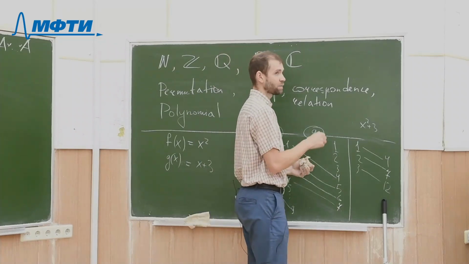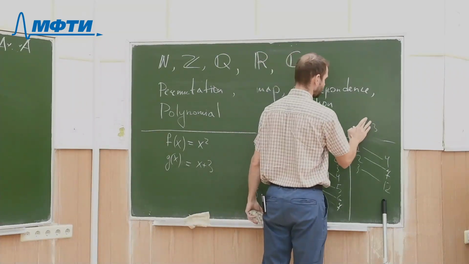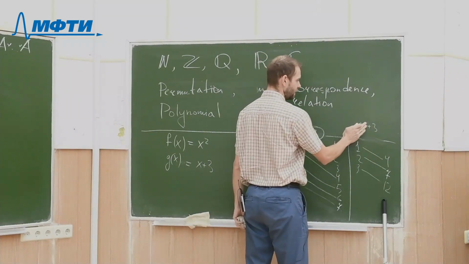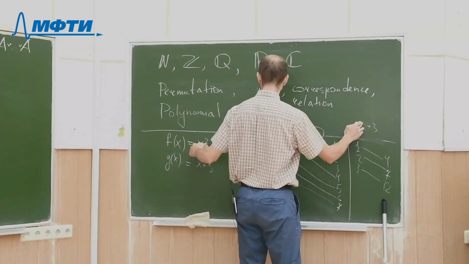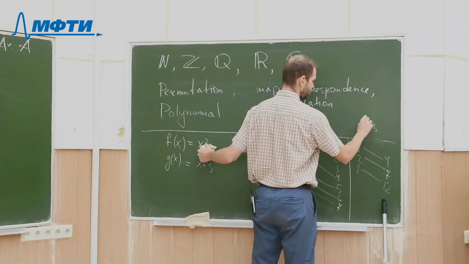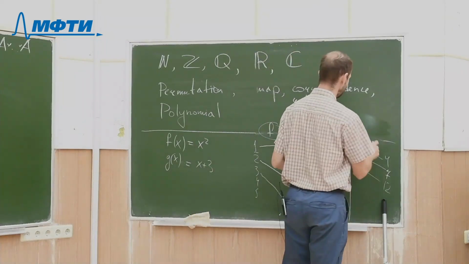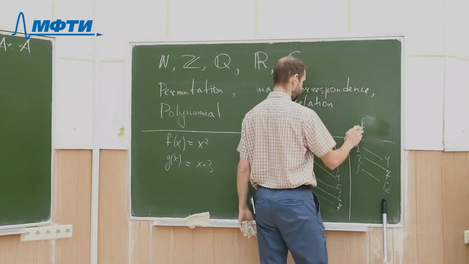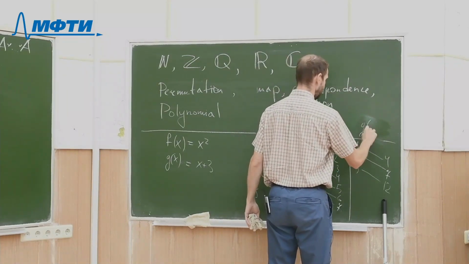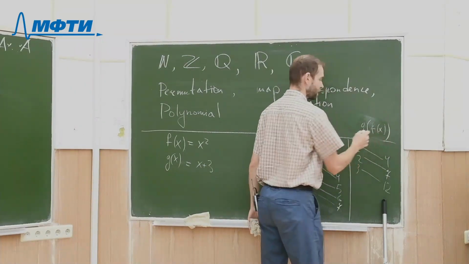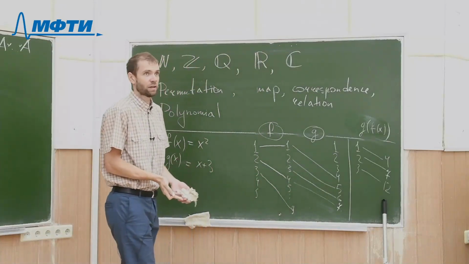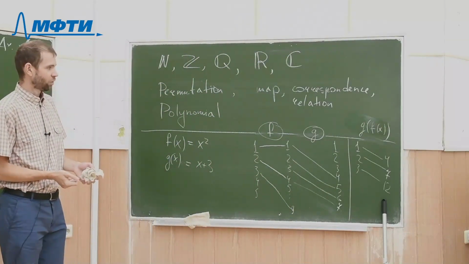We have a function x plus 3, and instead of x, we substitute x squared. Or we can write it down as g of f of x. So this is what it essentially is in college notation.